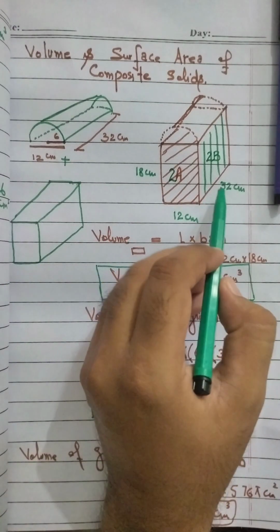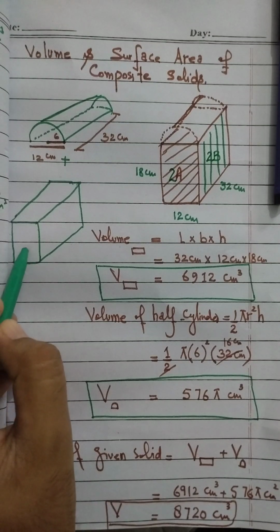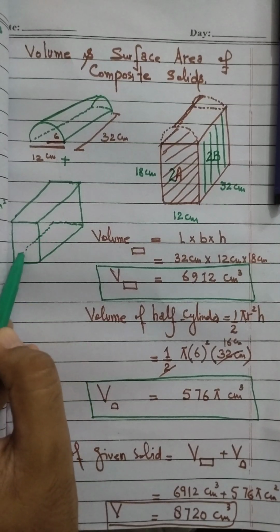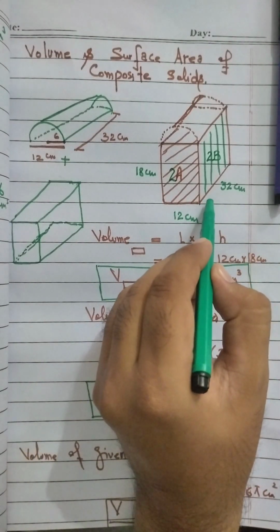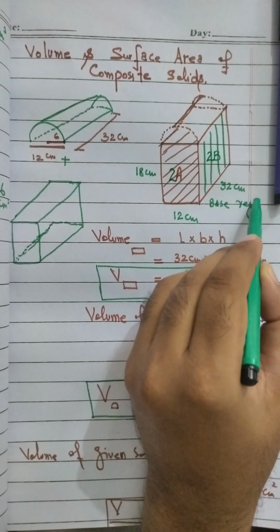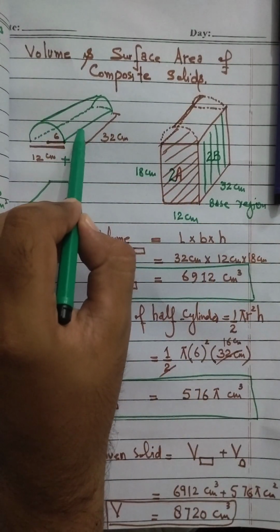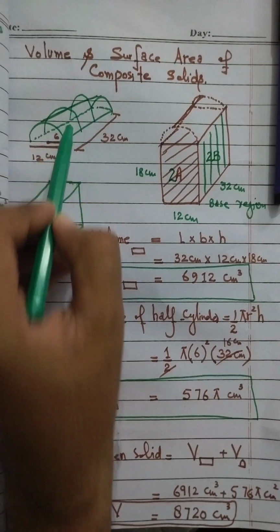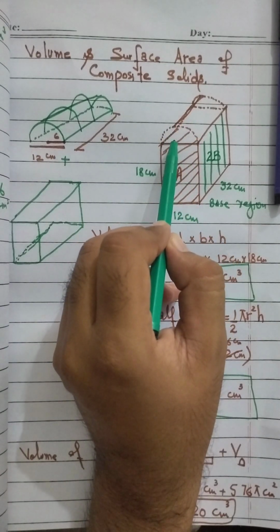Now look at the base of this thing. This one is the base, which is totally rectangular. So the third one is the base region. The fourth one is the curved surface, this one, and it is half cylindrical.